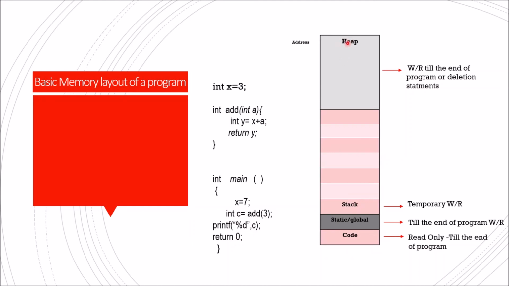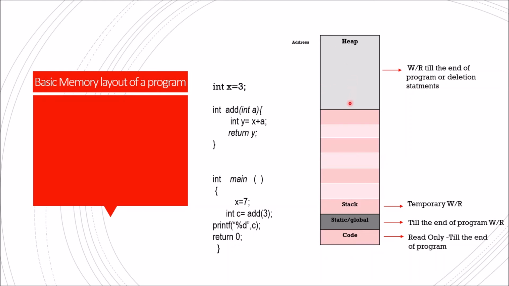In the heap, we can create some other variables, or store some other data that we hadn't defined previously here, which is known as dynamic memory allocation. We'll see that topic later.